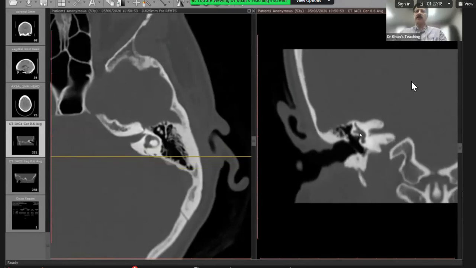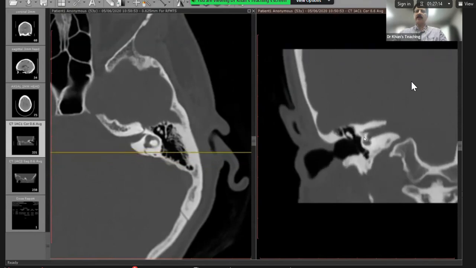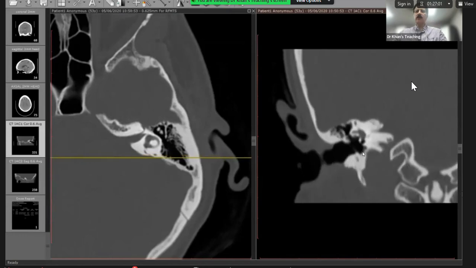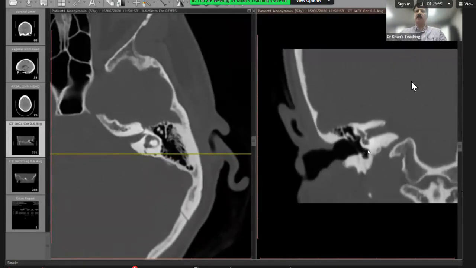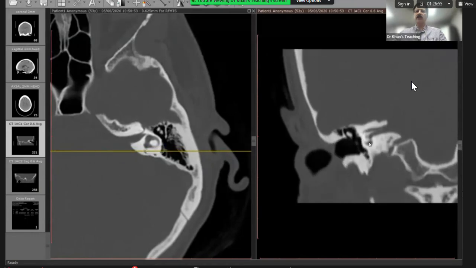And we can see that this is the lateral semicircular canal. And this was the scutum. So superior to the scutum, this is the epitympanum. From here till here is the mesotympanum. Hypotympanum is not important. This bulge here is made by the cochlea.